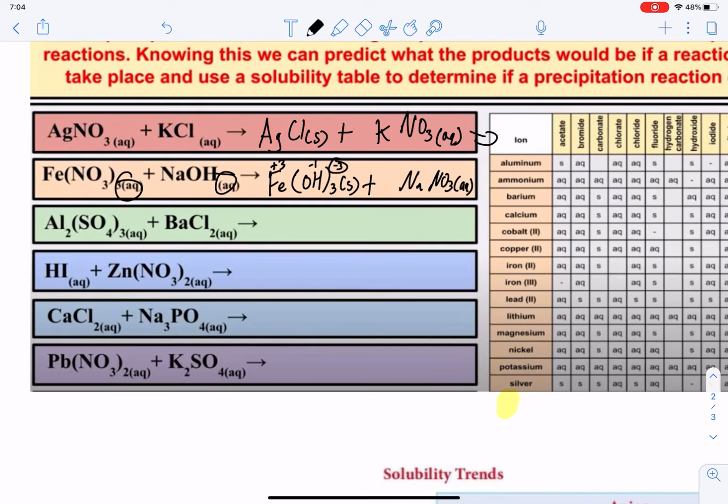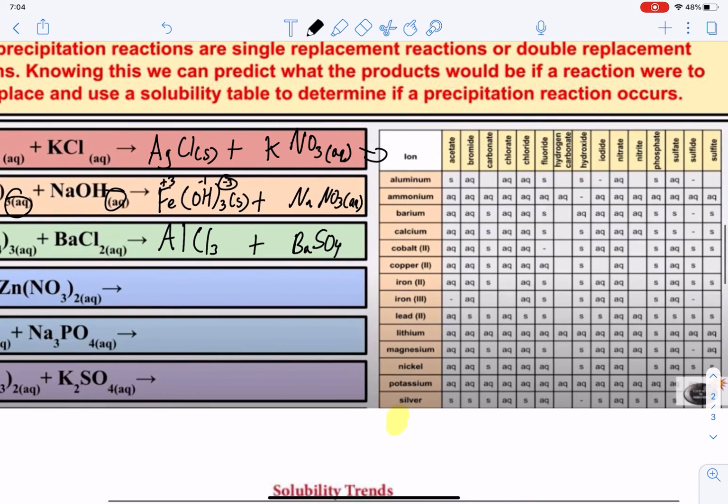All right, so our next one is aluminum sulfate plus barium chloride. So another double replacement. All right, so aluminum chloride. So here's aluminum, here's chloride, and we don't even need to really go on from there.